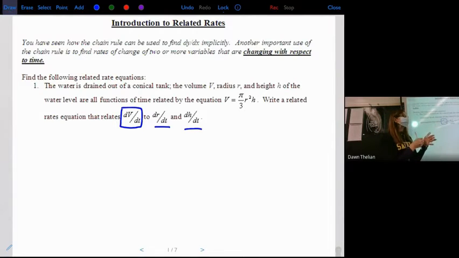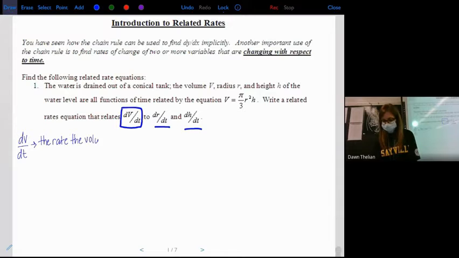Any d dt of a variable is that rate of change of the variable. So before we even take the derivative, I just want to make sure that we understand what each variable means. dV dt is the rate the volume changes with respect to time.